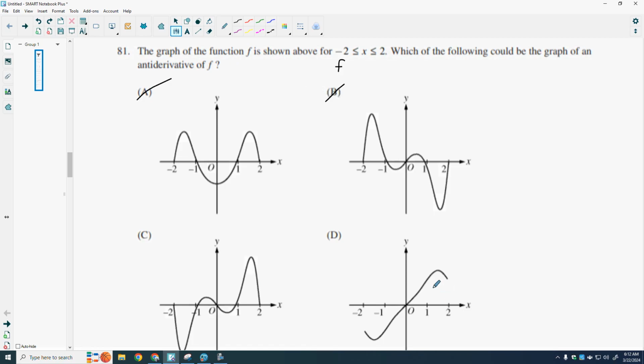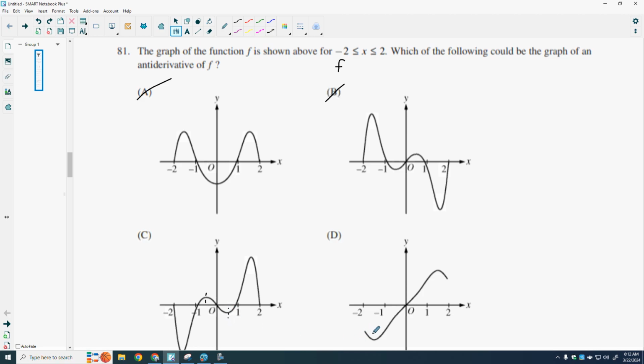So what is the difference between these two? This one here decreases from negative point something to point something. It actually decreases, which means my derivative has to go negative between these two values. That's not what we said.